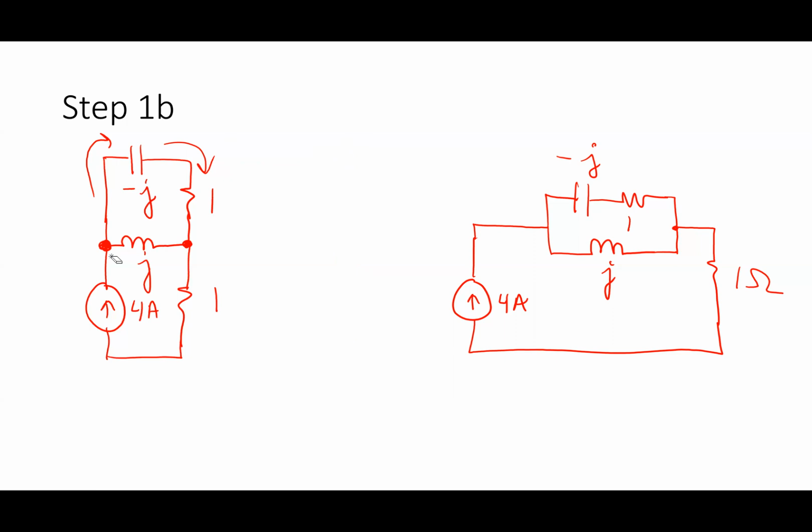So what I could do, the thinking then for that type of approach is I break the circuit at this point, like that, right? And I can say that in looking at breaking the circuit at that point, I have a negative J and a 1 in series. That combination is in parallel with J. I can replace that with 1 impedance, which is clearly in series with the other stuff down here.